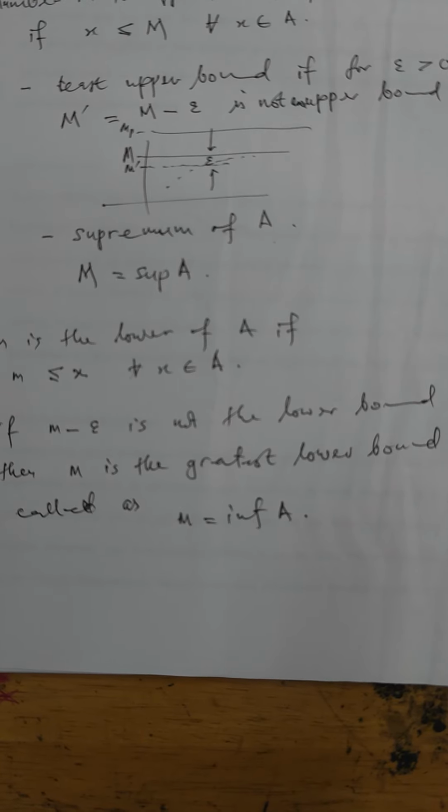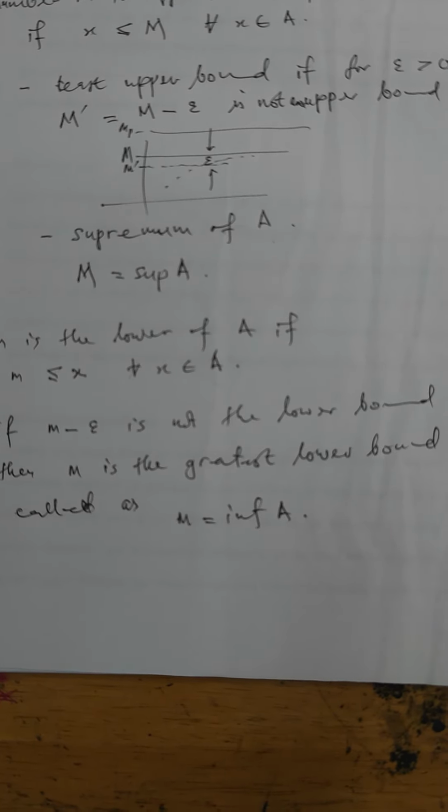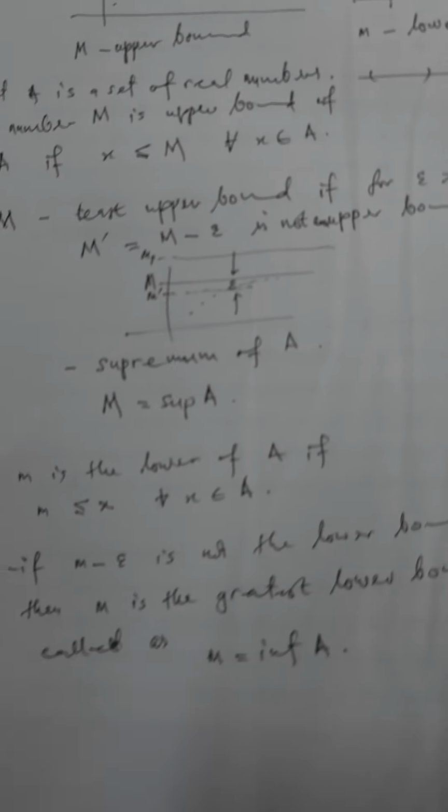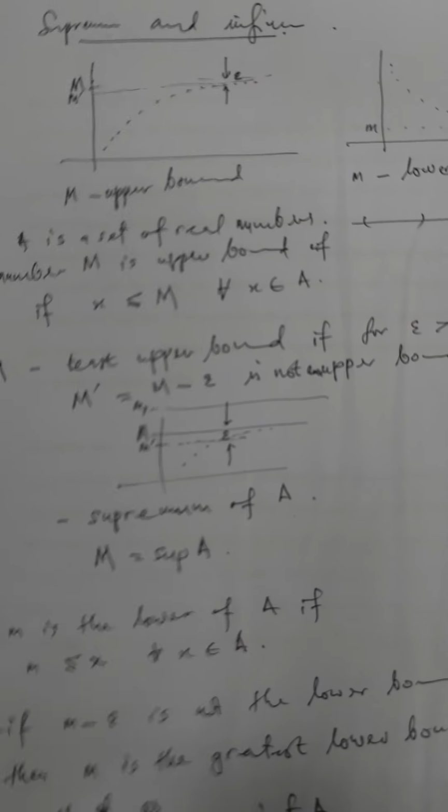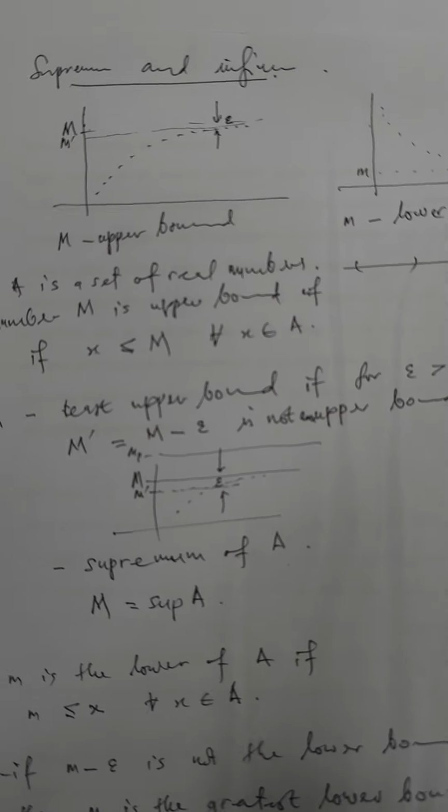Alright, so there is what they call the completeness axiom, which says that if A has an upper bound, then A has a least upper bound, a supremum.